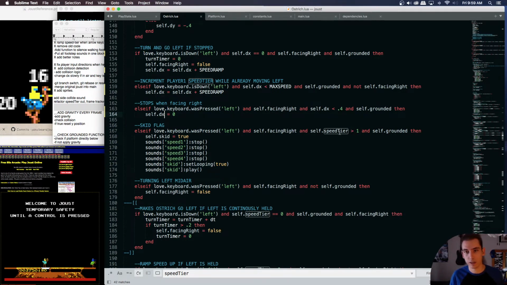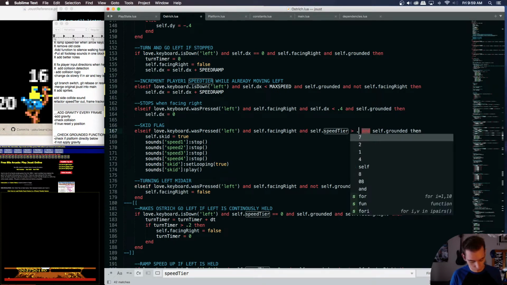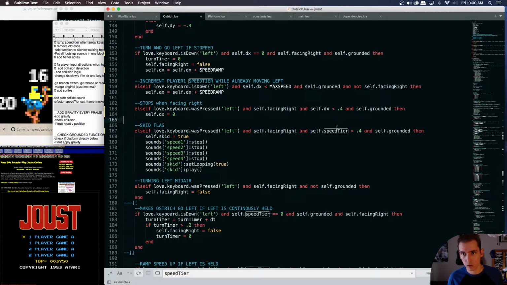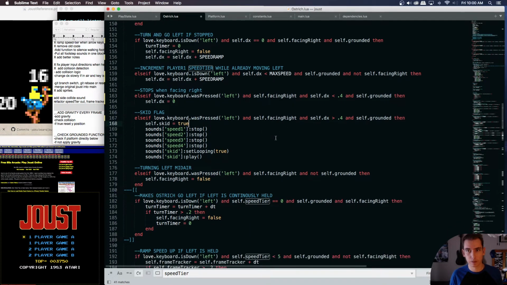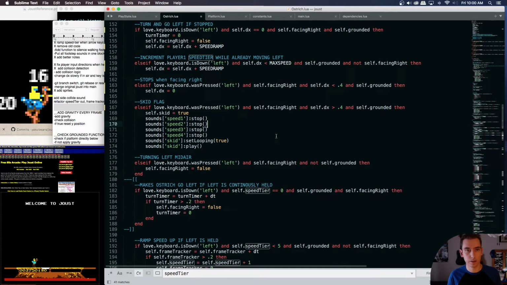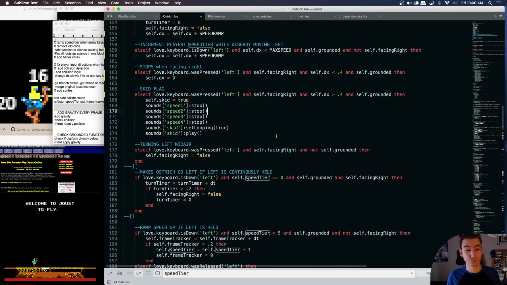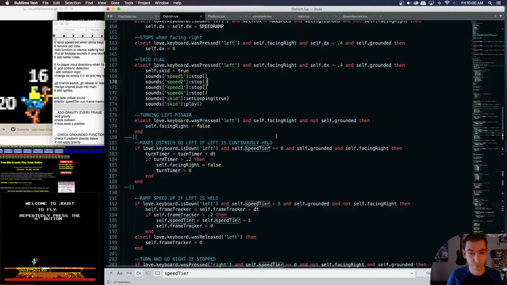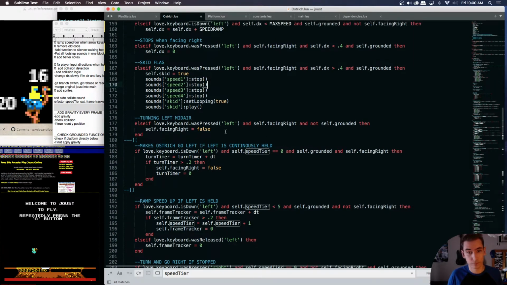So again, here we need to say greater than 1. So if it's greater than 0.4, our dx is greater than 0.4 and grounded. Okay. Then this is okay.